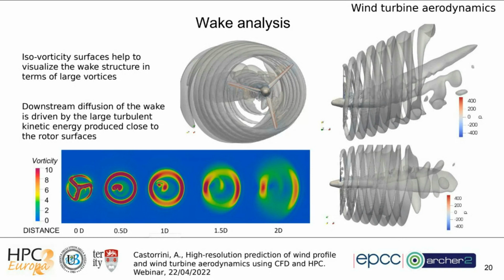We must notice that the wake loses the symmetry because of the misaligned configuration, but also in this case of the refined grid, we have diffusion of the grid, and this is probably due to the high production of turbulence at the blades. This kind of effect we will see is less pronounced in the actuator line case, because indeed there are no walls and the production of turbulence in that case is smaller.